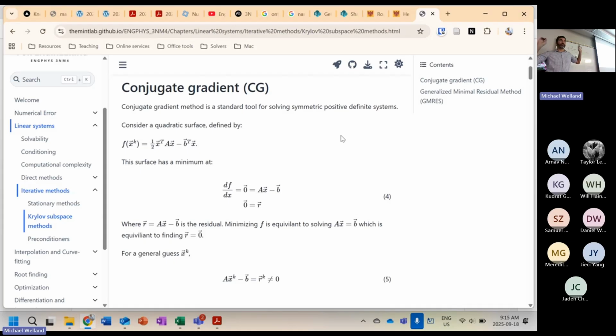If you have a symmetric matrix, I'm going to come to this one in a second, you can say that you have this associated function, which is quadratic: one half x^T A x minus b^T x. See, I got the T in the wrong place. If you take the derivative of that, you're going to get our good old Ax minus b. That's the linear system.